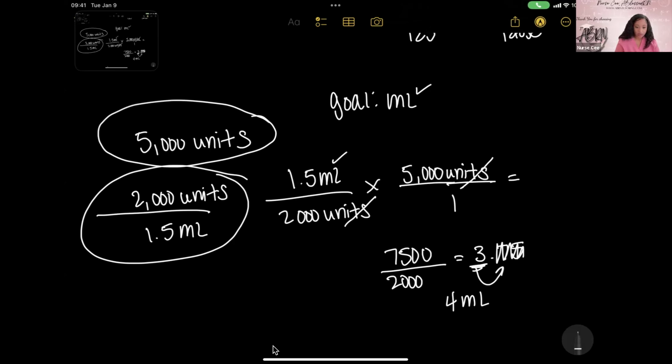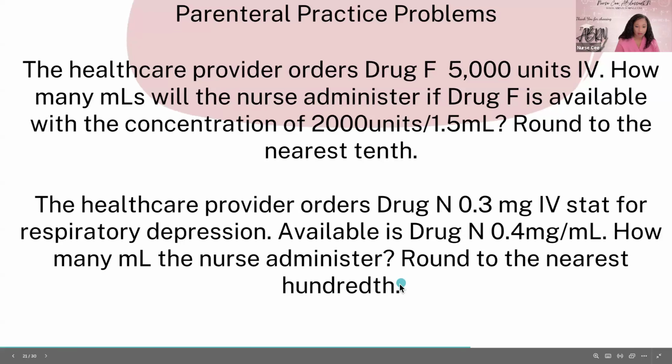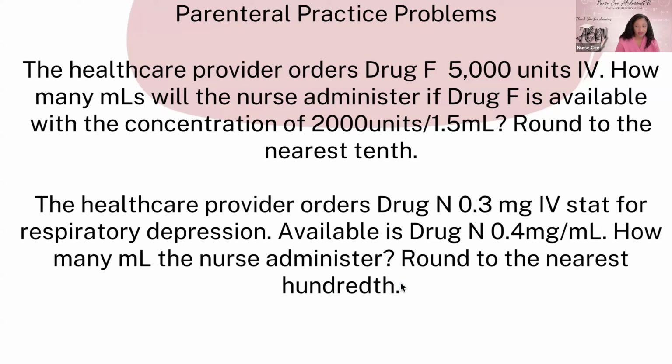So let's do another one. The healthcare provider orders drug N 0.3 milligrams IV stat for respiratory depression. Available is drug N 0.4 milligrams per milliliter.